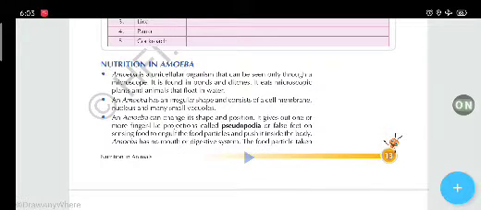The first step involved in amoeba: amoeba is a unicellular organism. Unicellular means that amoeba has a single cell structure, and that single cell performs all the functions of its body. So amoeba is a single cellular organism and can be seen only through a microscope because it's very tiny, and it is found in ponds and ditches.